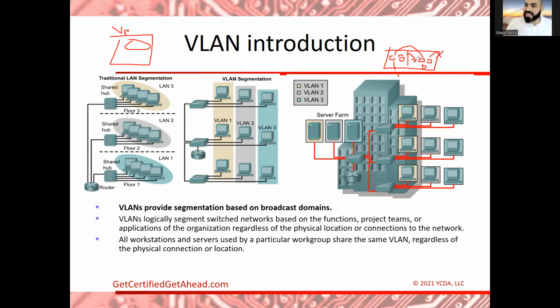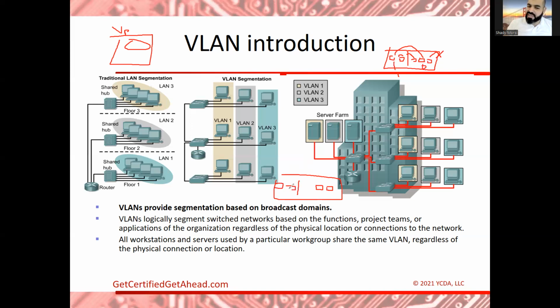Let's say that this switch is holding 2 different types of users. Bear with me a little bit. I will create another switch, and on the right hand side are sales, and on the left hand side are HR.